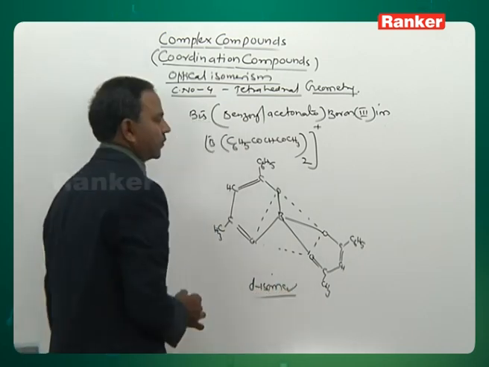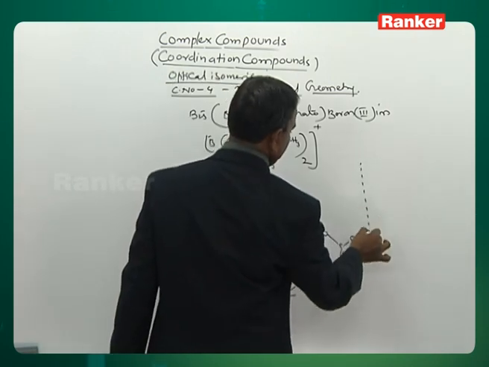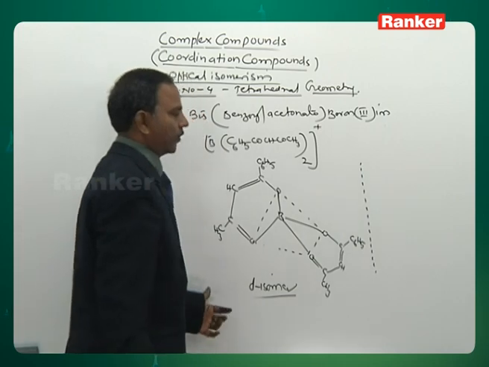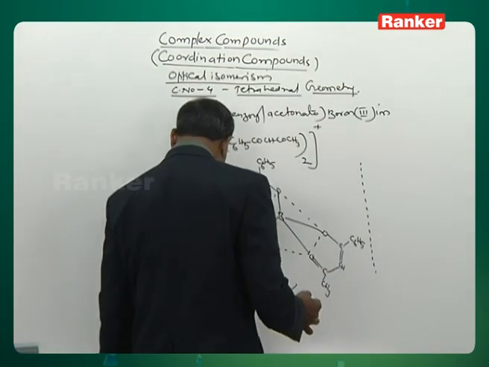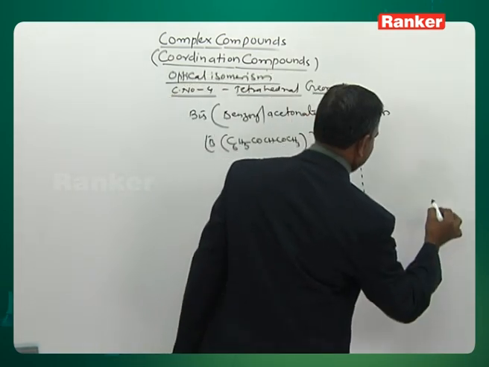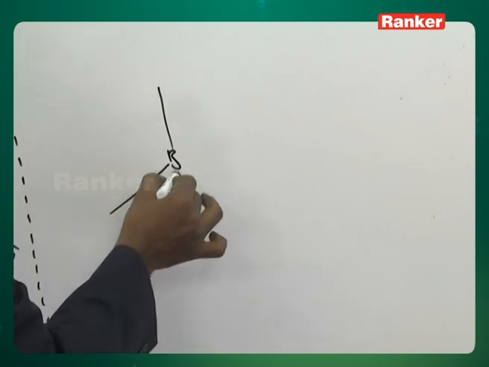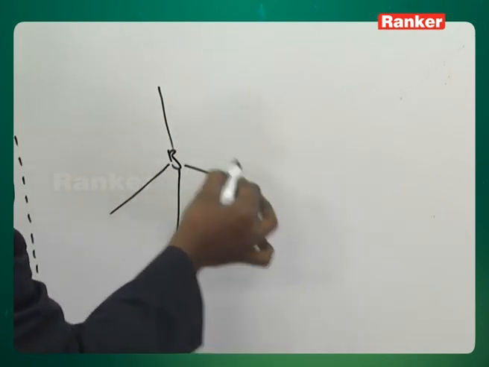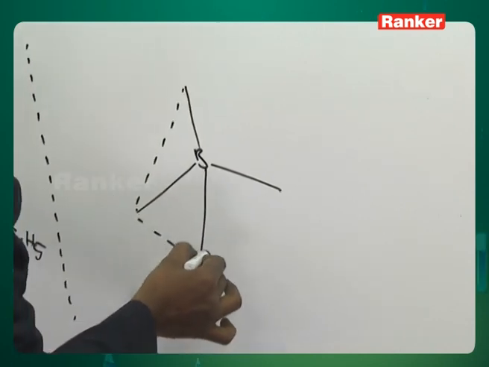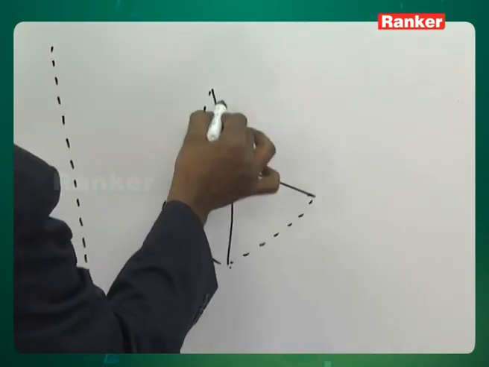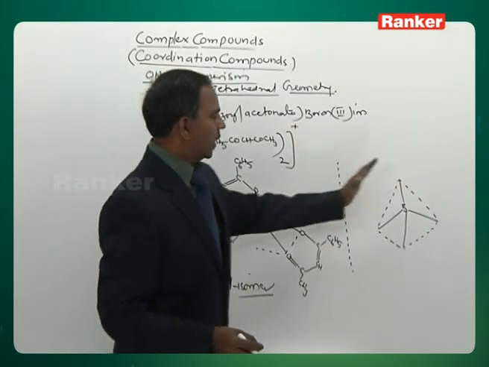D isomer. Next, the mirror image of this, we will write as the L isomer. Reflect this and write the mirror image. Now, this is reflecting here.